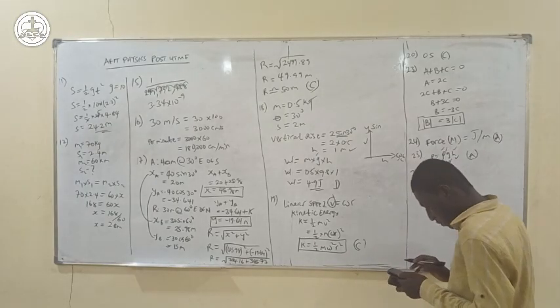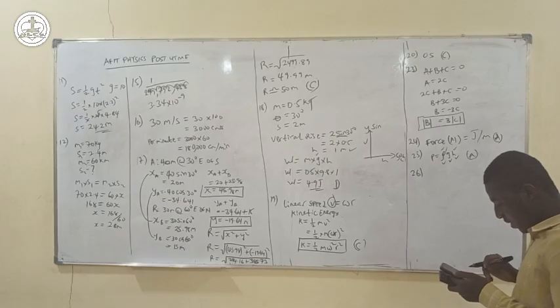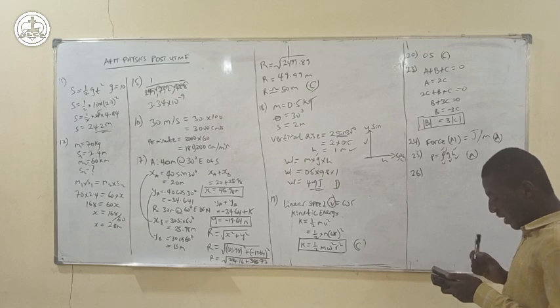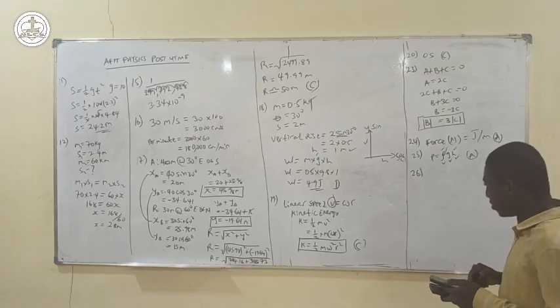26 says, which of the following pairs contains one vector and one scalar quantity? A. Displacement and acceleration. B. Force and kinetic energy. C. Momentum and velocity. D. Power and speed.